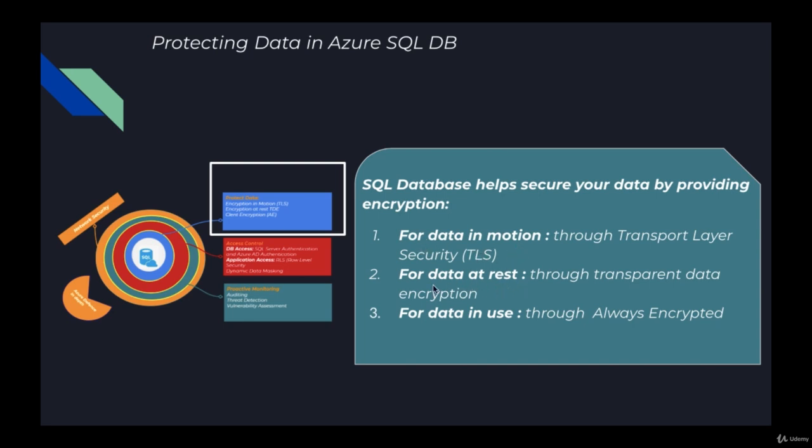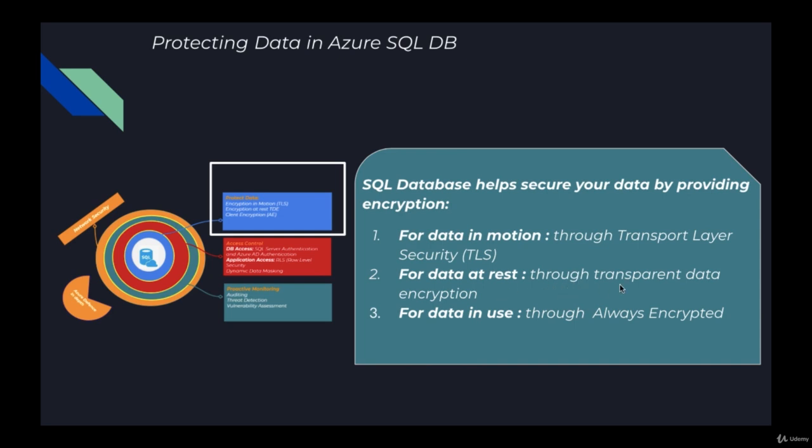Now we come to the second option, which talks about the data at rest, or what we also call TDE, Transparent Data Encryption. TDE protects data at rest, meaning the data and the log files. This technology was designed to have the entire encryption process completely transparent to the application.